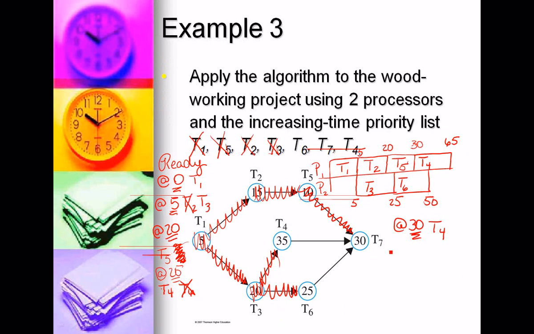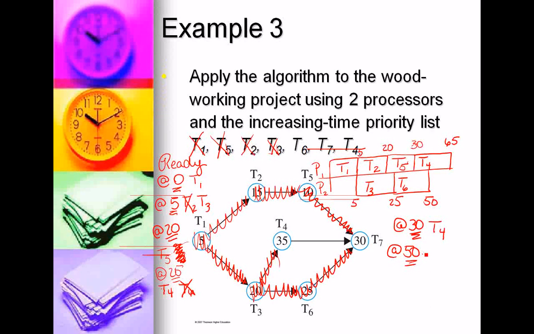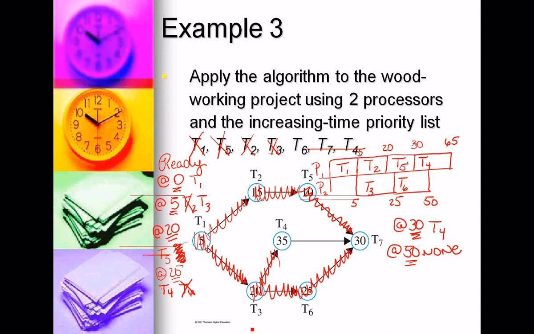Now we have a 50-minute time slot, so we're going to look at the 50-minute time slot. 1, 2, 3, 5, and 6 are finished. All that gives us is T4 is ready. Well, T4 is already on the schedule, so nothing's ready at that 50-minute time slot.